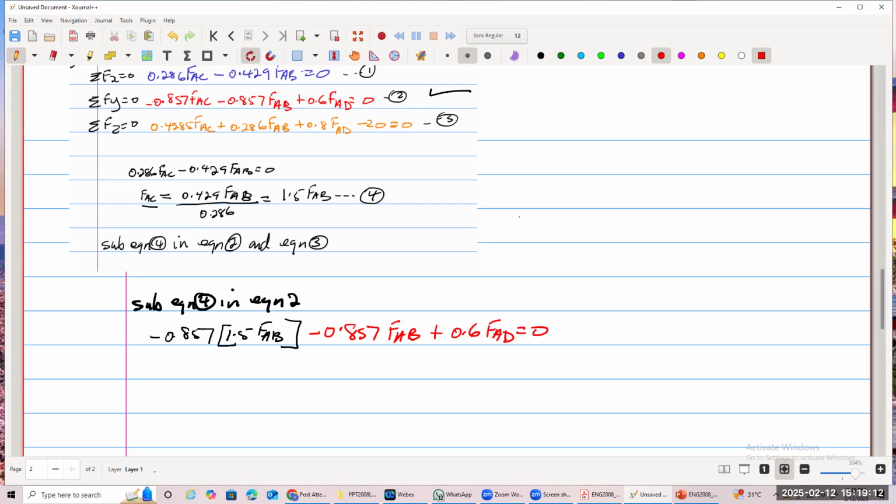All right, so that is what. And if you were to simplify that, can somebody work that out for me, please? So it's 1.5 times 0.857. How much do you get with that? You get a minus 1.285, or you can call that 1.286. And that is FAB. And this is minus 0.857 FAB. So you're going to sum those quantities.